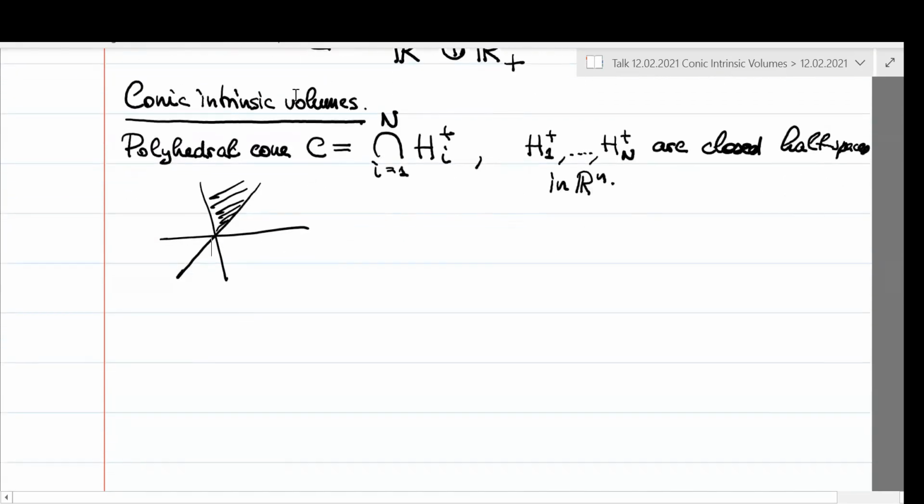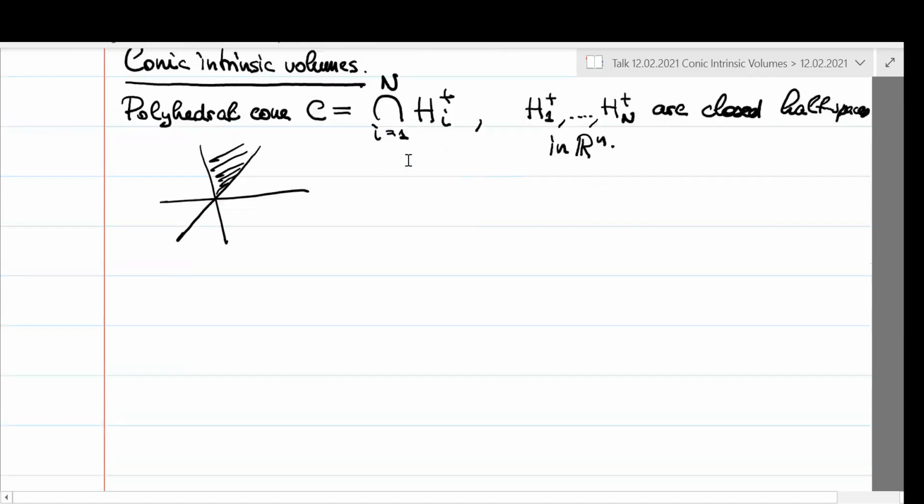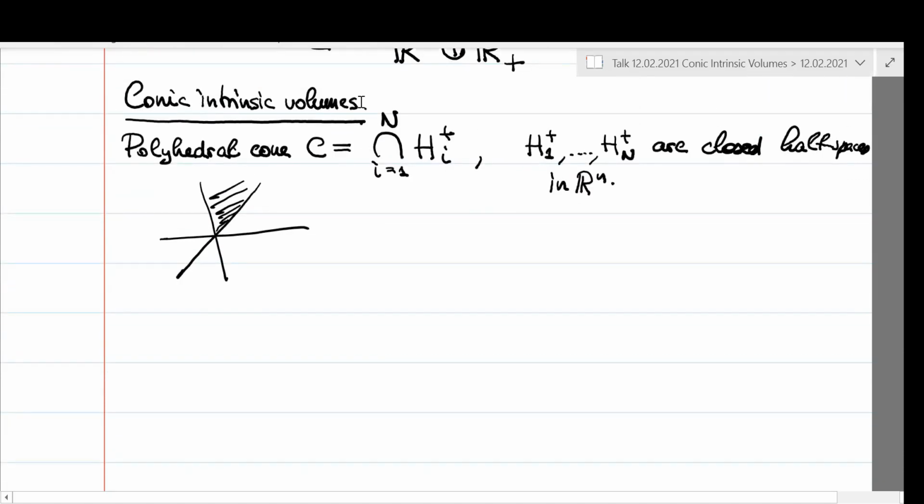Now, given a polyhedral cone, in other words, it's a set of solutions to a system of linear inequalities or linear homogeneous inequalities. And now, given such a cone, we can define its conic intrinsic volumes. So conic intrinsic volume is a notion which is similar to the notion of intrinsic volumes, but intrinsic volumes are defined for convex bodies, whereas conic intrinsic volumes are defined for convex cones.